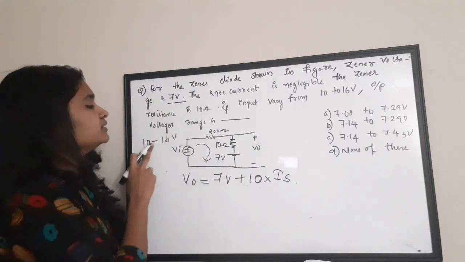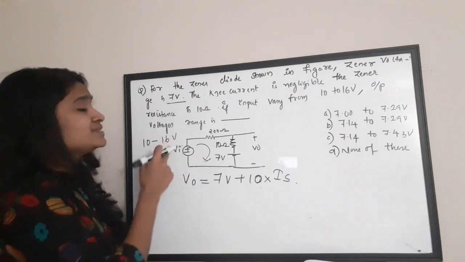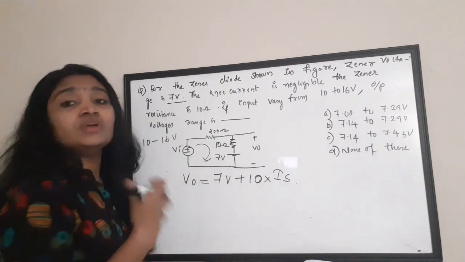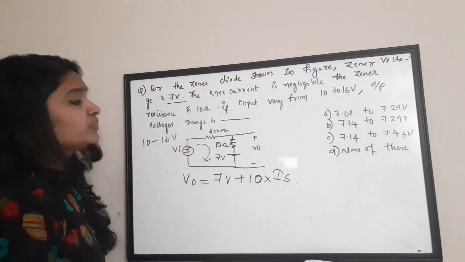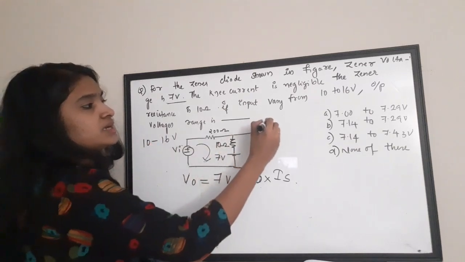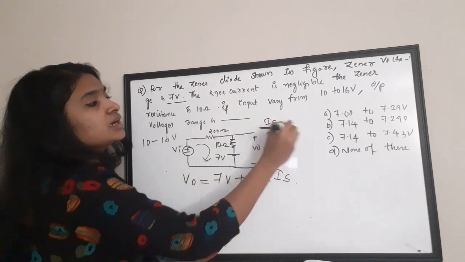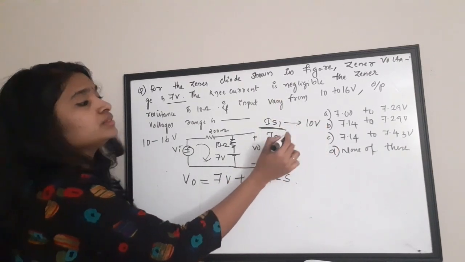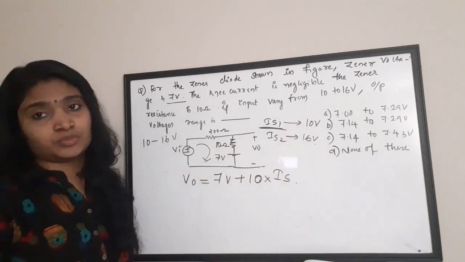The voltage is first applied as 10 volt, then changed to 16 volt, so the current IS will also vary. So we will have two currents, IS1 and IS2. IS1 will be the current produced when 10 volt is applied as input, and IS2 will be produced when 16 volt is applied as input.